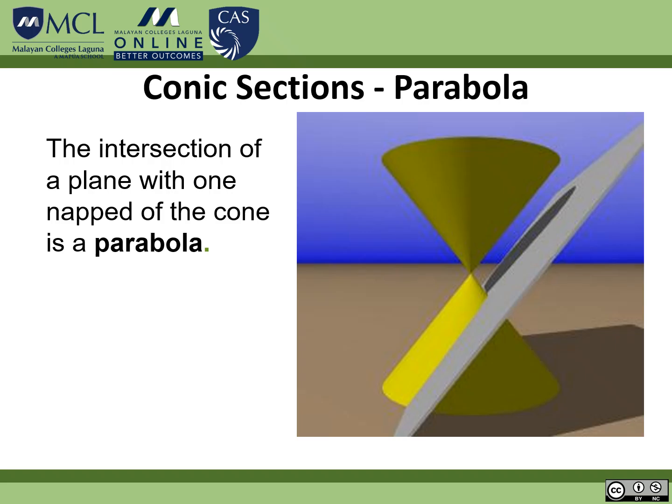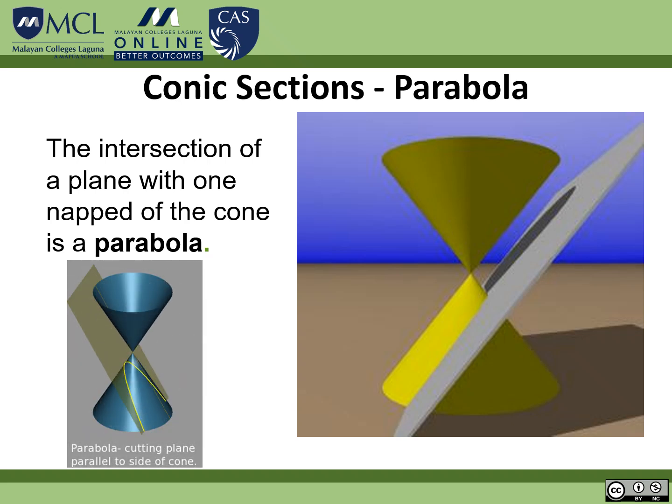So the conic section parabola is obtained by cutting one nappe of the double-napped cone as shown in this illustration or from this picture here. So we cut in such a way that the plane cutting this one nappe of the cone is parallel to this side here.